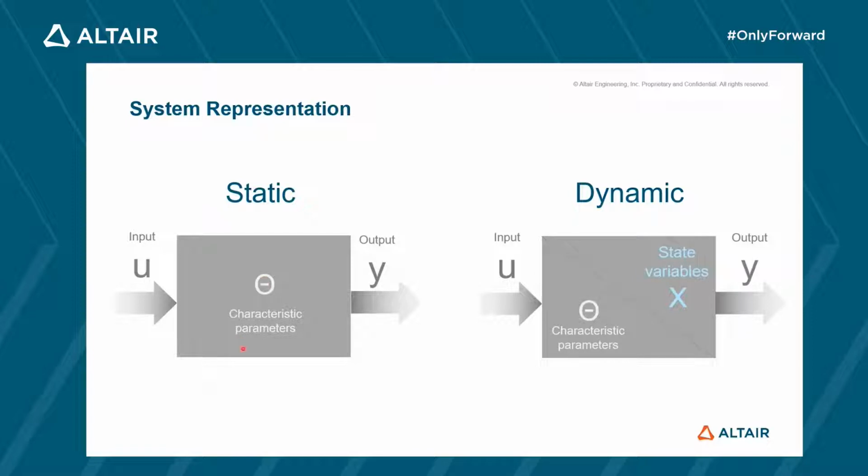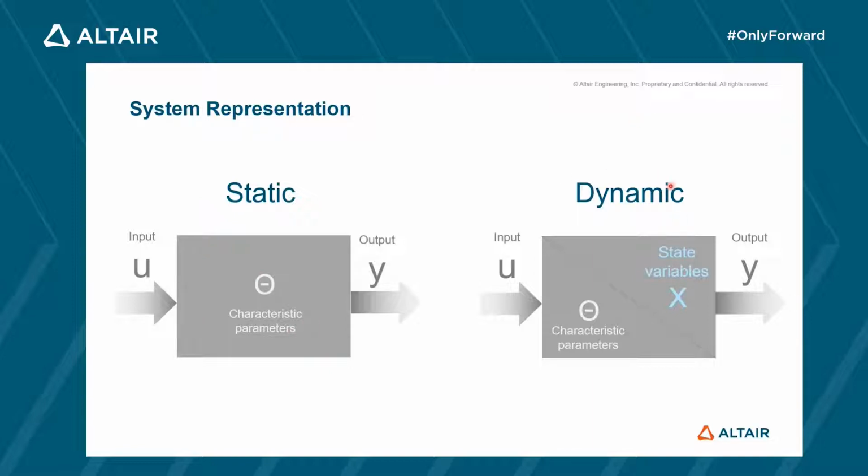So these characteristic parameters are essentially like numerical values which can be used to accurately create a mathematical model for your system. So as you can see in a static system, the output is only dependent on the input because your characteristic parameters for a given system are fixed.